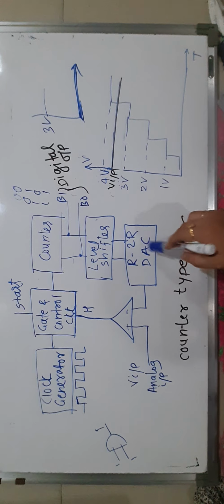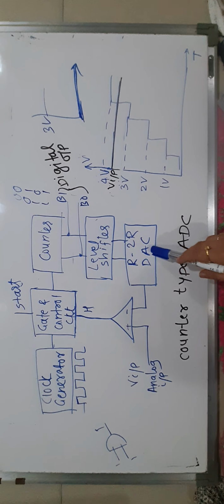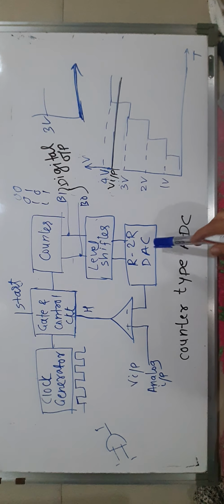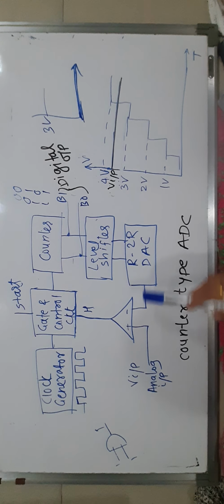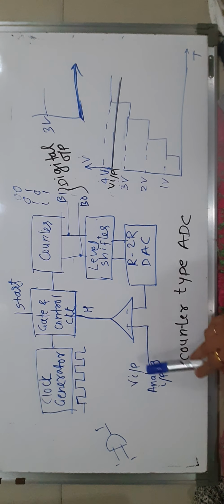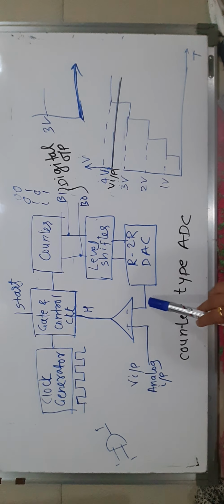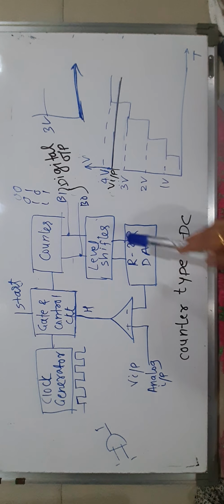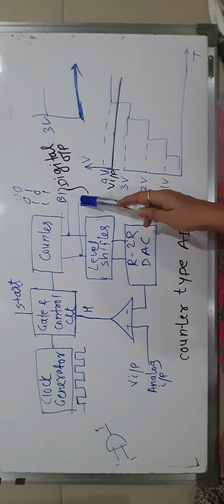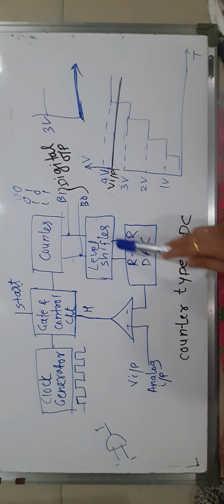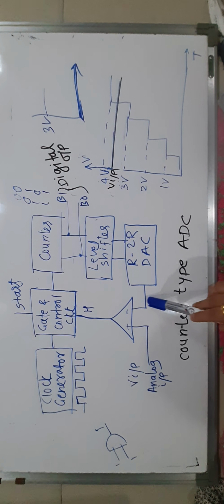Then we use an R2R DAC. Why again DAC? As this is an analog to digital converter, we are comparing the analog voltage with the reference voltage. So the reference voltage also should be in analog form. Here we get the digital output, so it is necessary to again convert the digital output into analog form.